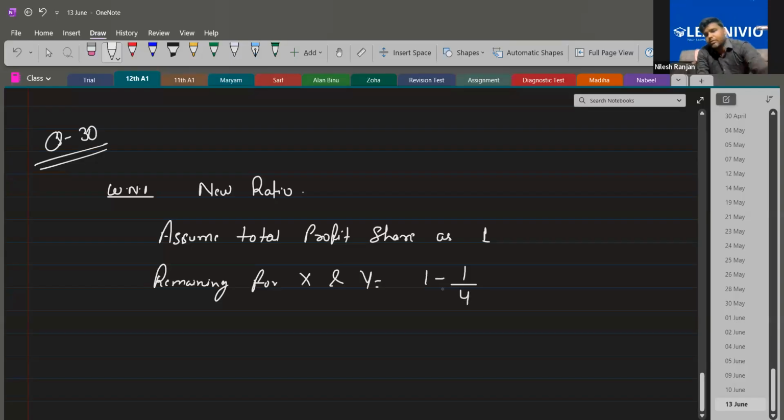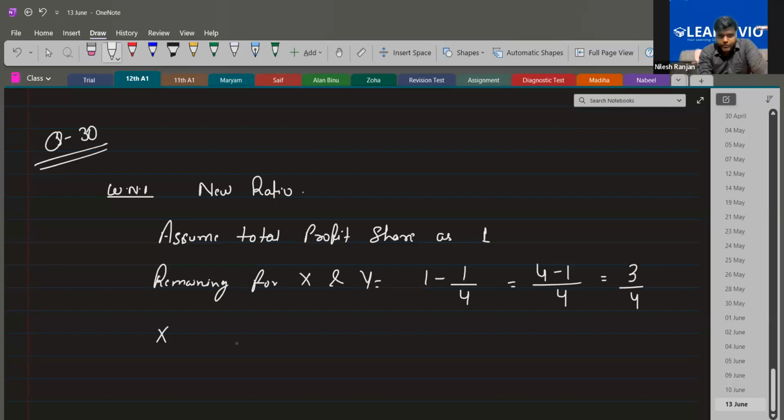So 1/4 will be deducted from the total share and the remaining value will be for X and Y. So it is 4 minus 1, that is 3/4. New share of X will be 3/4, and they are distributing in their old profit share ratio, which is equal, so 1/2.